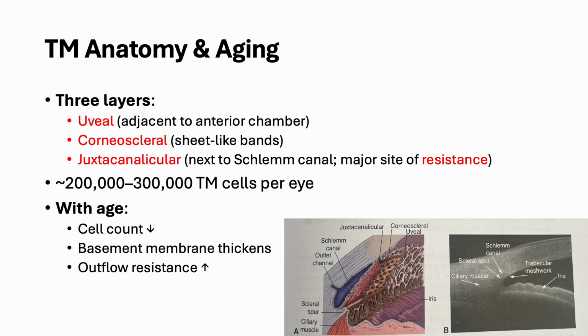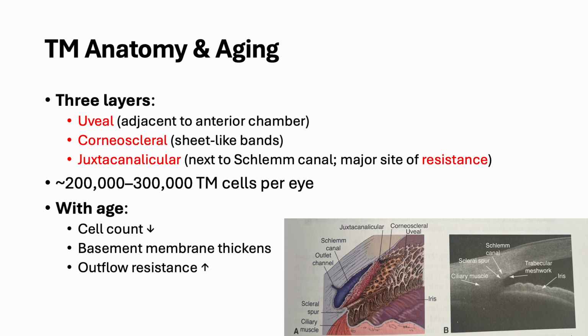The juxtacanalicular connective tissue, located adjacent to Schlemm's canal. This layer is the primary site of resistance to aqueous outflow and is especially important in the pathophysiology of elevated intraocular pressure. Each eye contains an estimated 200,000 to 300,000 trabecular meshwork cells.